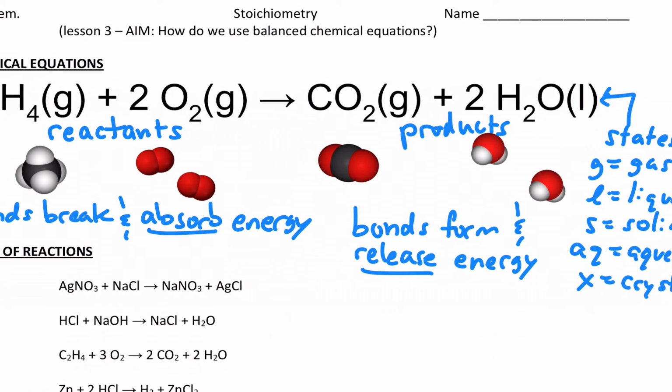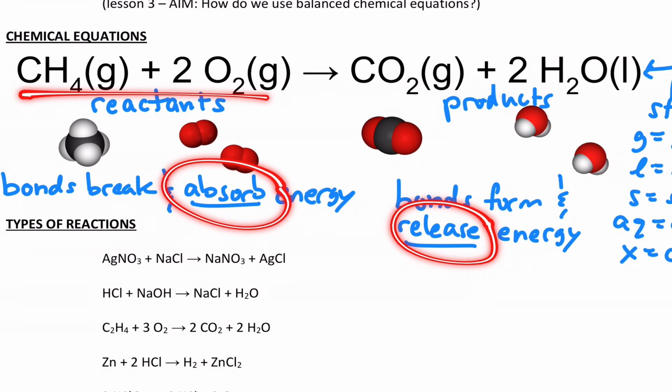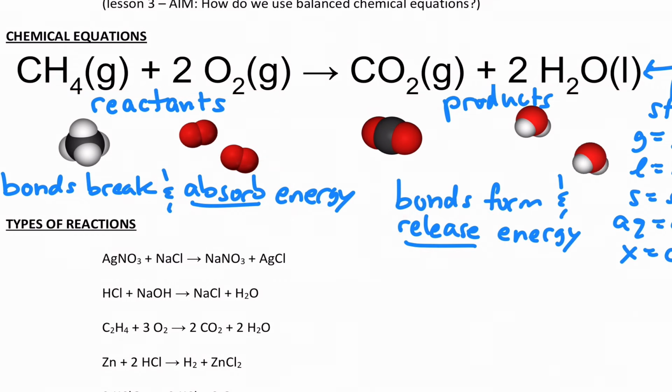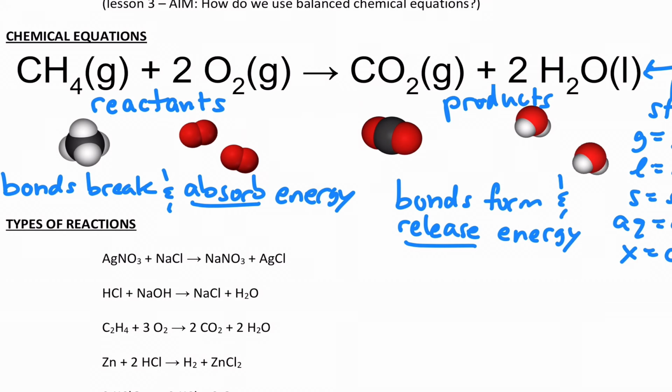And we have a way of looking at the net energy change, but there's always an absorption and a release of energy as you change the reactants into products respectively. We have the ability to see the net outcome. Is there more that's absorbed or is there more that's released? That's related to something we're going to do later on called delta H, the change in enthalpy of a reaction, but we will get to that later.